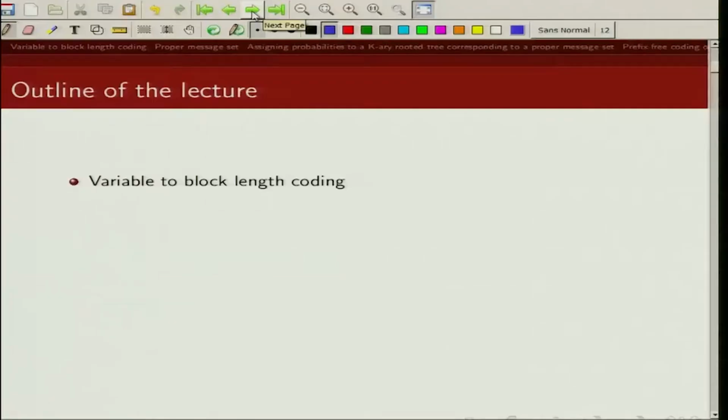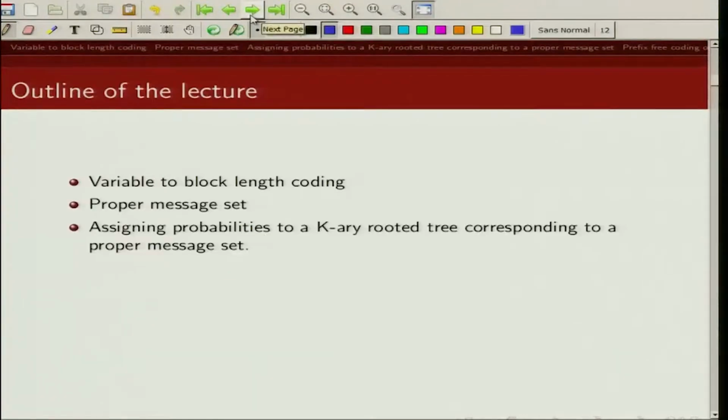So today's topic of discussion is variable to block length coding. We'll describe what we mean by a source parser known as a proper message set, and then we will talk about how to assign probabilities to a rooted tree. This we will use to obtain bounds on expected code word length. We will also talk about how to do prefix free coding of a proper message set.